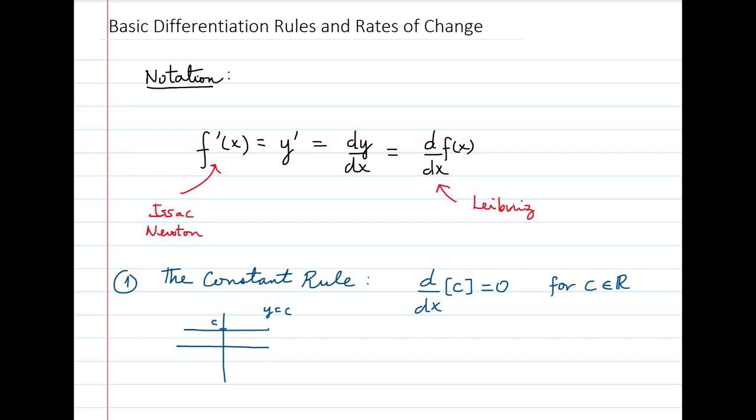So intuitively, just thinking about the graph here, you can think of this derivative of a constant, and this will work for any constant here because it doesn't matter where c is, you're always going to get a flat horizontal line. At any point in this function, the slope is 0. So that's what that result is, that the derivative of a constant is 0.